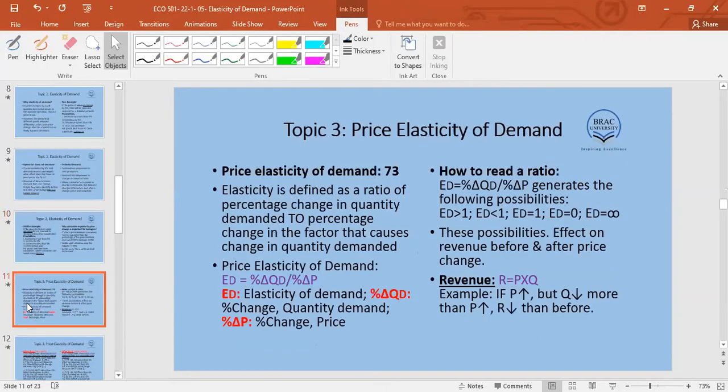Okay, this is a little bit of technicality. The technicality that we will discuss, let me do it on the whiteboard. How did we define a slope?